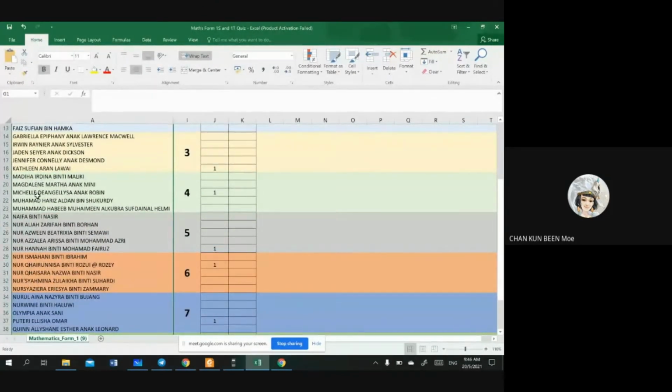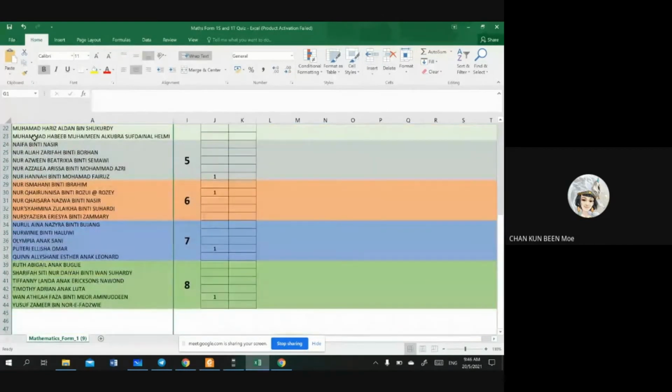Madiha, Magdalene, Michelle, Haris, and Habib, group 4. Naifa, Alia, Azwin, Azalia, Hana, group 5. Ismahani, Kairunisa, Kaisara, Shamina, and Shazira, group 6. Aina, Winnie, Olympia, Putri, Queen, group 7. And the last group has an extra member: Ruth, Sharifa, Tiffany, Timothy, Wan, and Yusuf, group 8.